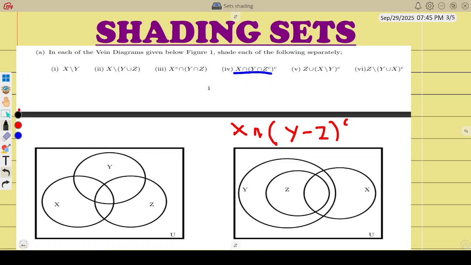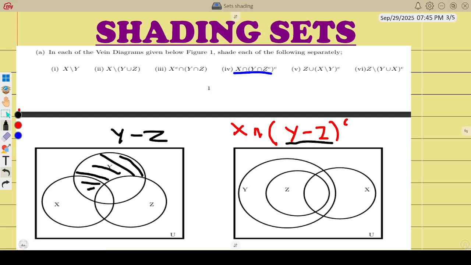So question 4, this one, it is exactly the same as like this. So let us shade. So x is this. We can shade x. So first let me just start with the other one. So we're going to shade x later. So let us shade y minus z complement. Remember, if you want to shade y minus z, you just shade what is in y. You see like that, this is in y.